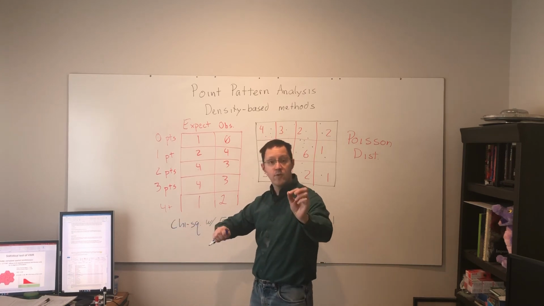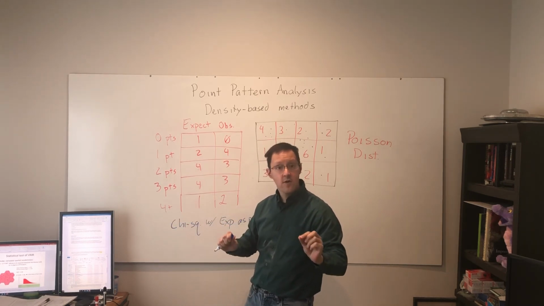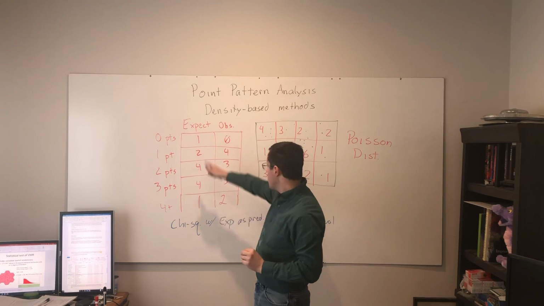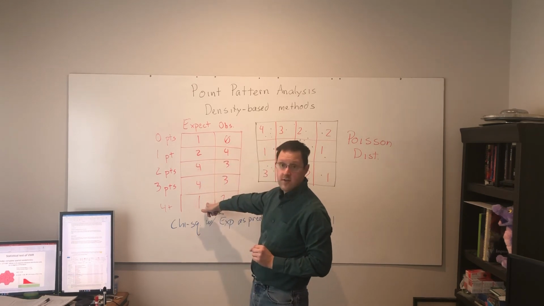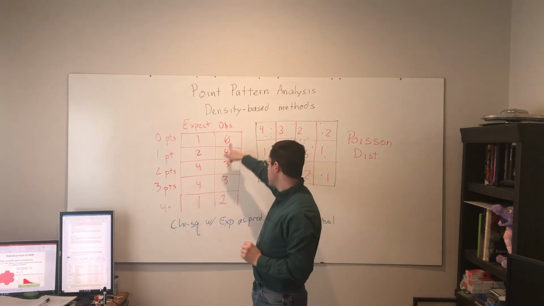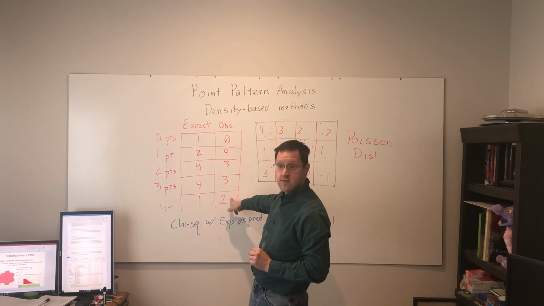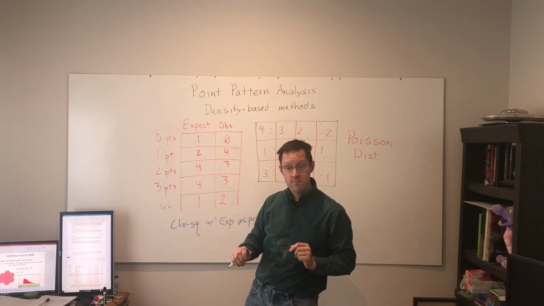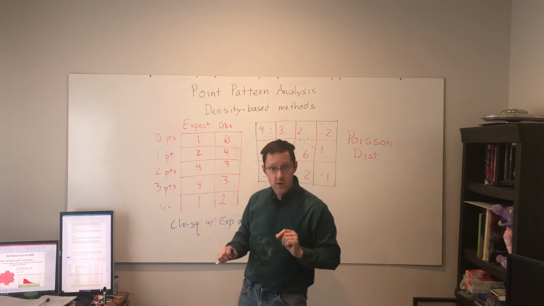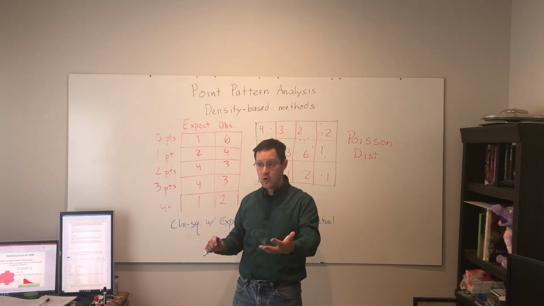We were using it to assess, are our predictions correct? Do we have good predictions? Here's what I predict under complete spatial randomness. Here's what I actually see. Do they match? And I can use chi-squared to say, is this prediction good?